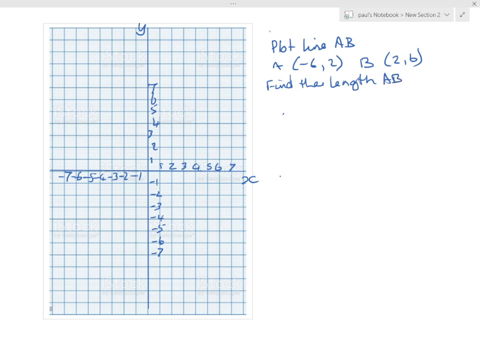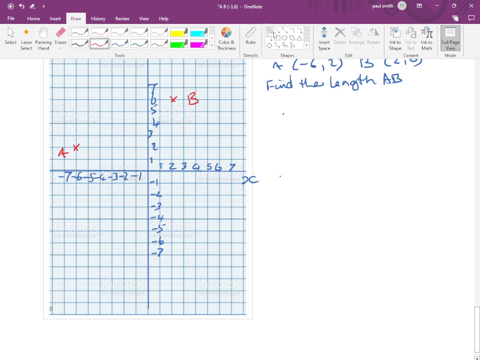Okay, so let's plot it first. A is minus 6, 2. Let's do a different colour. Minus 6, 2, there. And B is 2, 6, which is up there. Okay, so label, always label. Let's join them up.